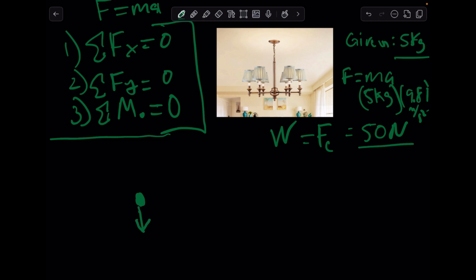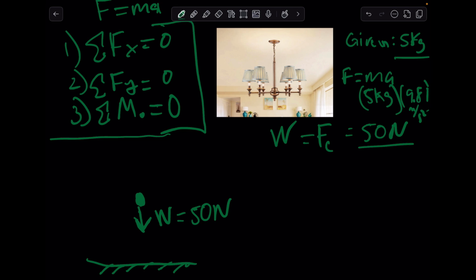This right here is our weight, right? This is going down because it's pulling down to the earth. Imagine this is the floor right here, the earth, and we have our weight acting down on it, going towards the earth. Just want to make it clear. And then right here, 50 newtons.